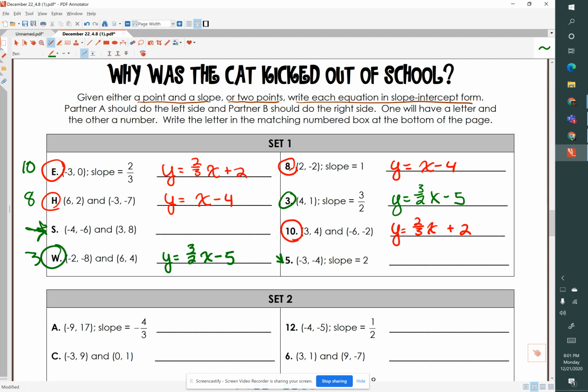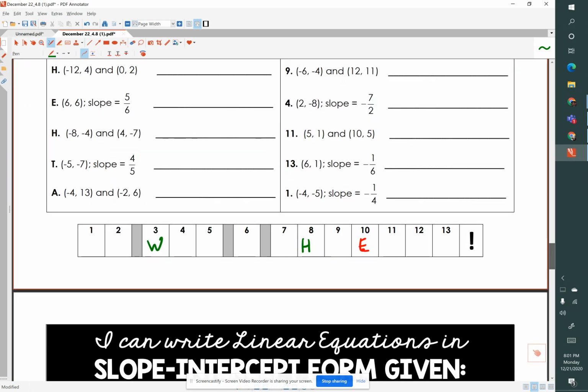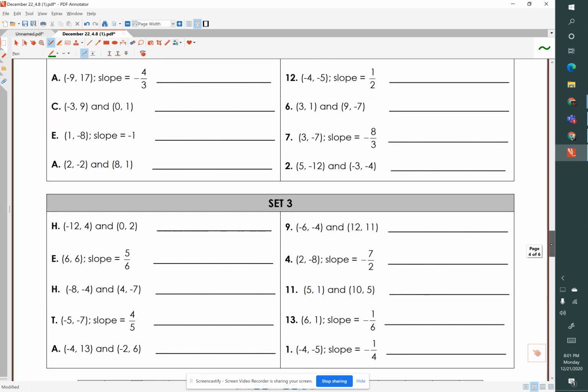No, you know they're going to match. So you know that S is going to go with 5. Provided you know that these others are correct, you've got kind of a shortcut here. So you can go ahead and fill in 5 is S.